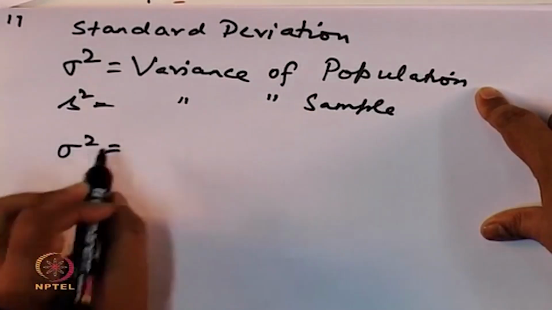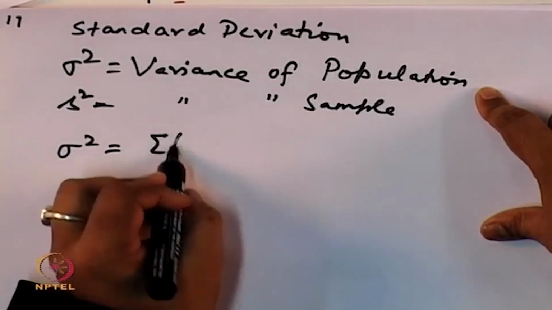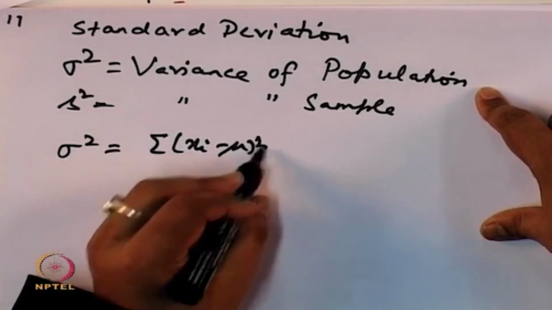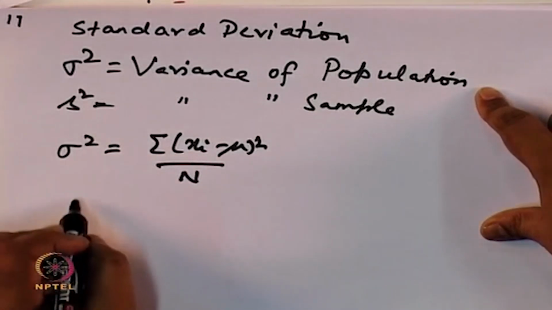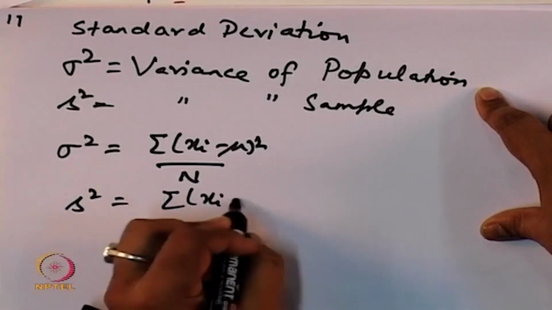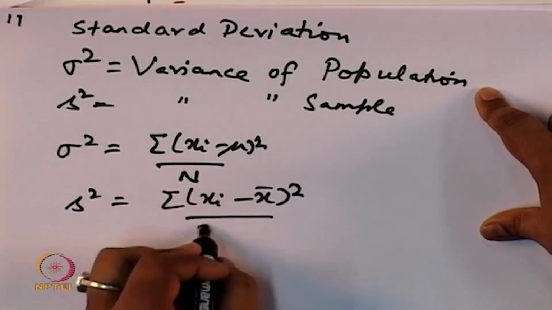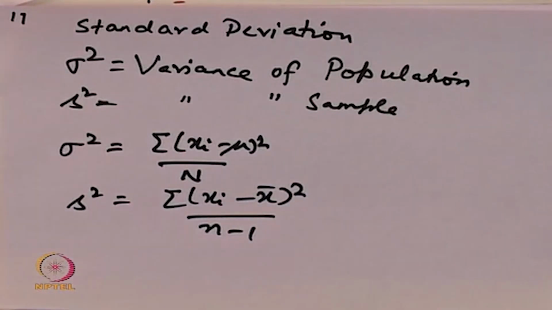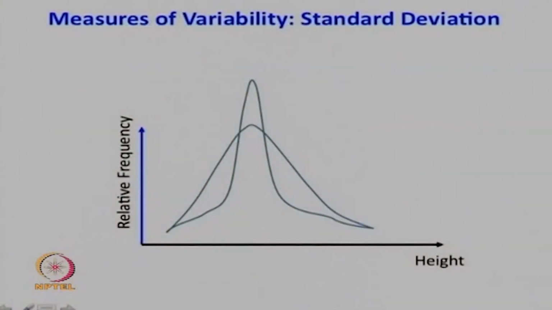Sigma square is nothing but summation xi minus mu whole square by capital N, and S square is nothing but summation xi minus x bar whole square by n minus 1. So these are called variances. What you can clearly see is that variance is always positive and it is the square of the standard deviation. So how do we go about computing the variation?